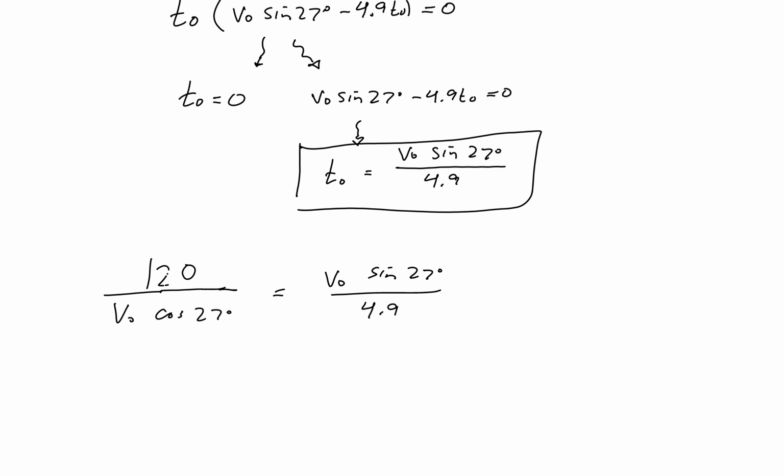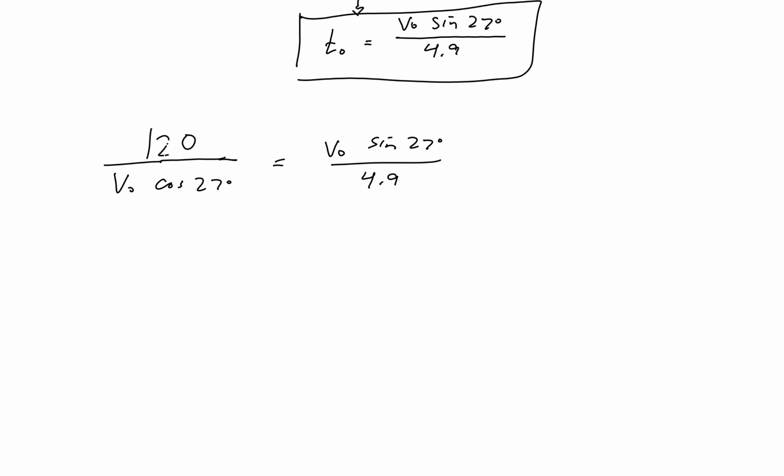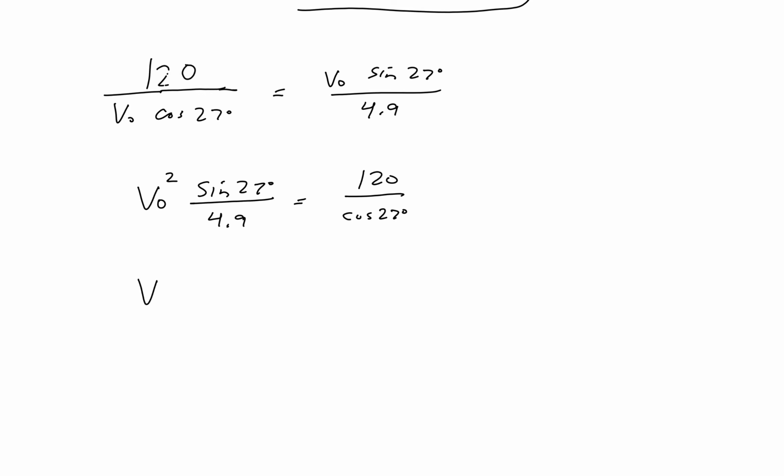Now remember, we're interested in the speed and the velocity, so we want v0. So let's multiply both sides by v0, and I'm going to get v0 squared sine of 27 degrees over 4.9 is 120 over cosine of 27 degrees. So v0 is the square root of 120 times 4.9 over sine of 27 degrees cosine of 27 degrees.